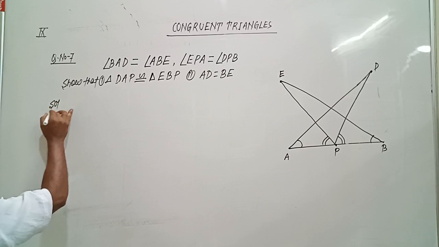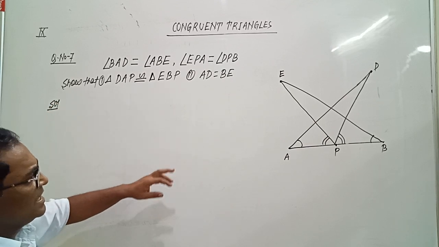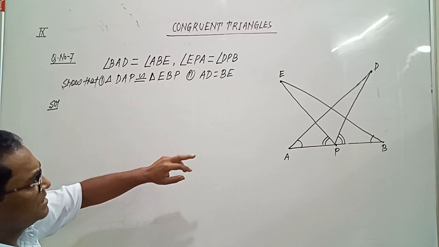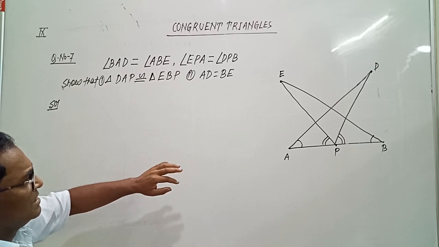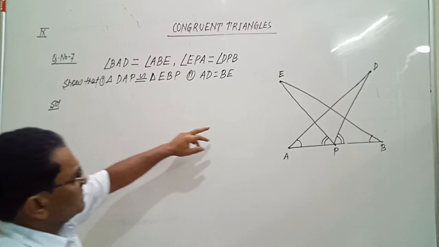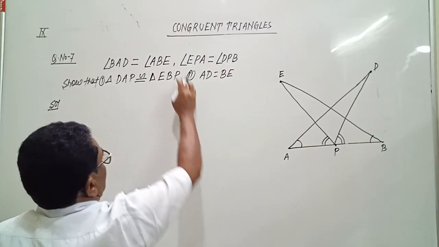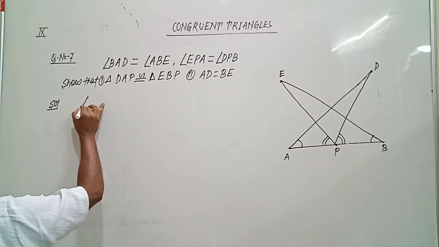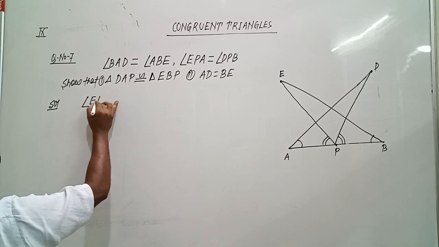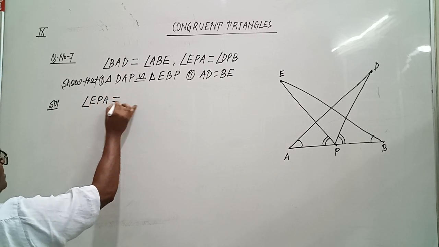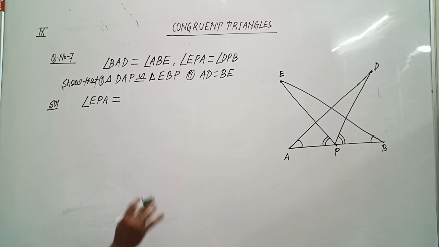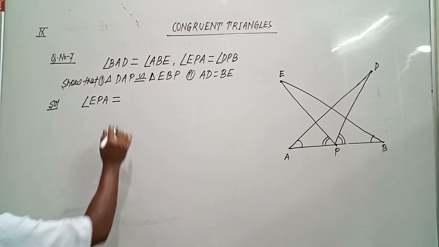So we have given angle BAD, and angle EPA equals angle DPB.